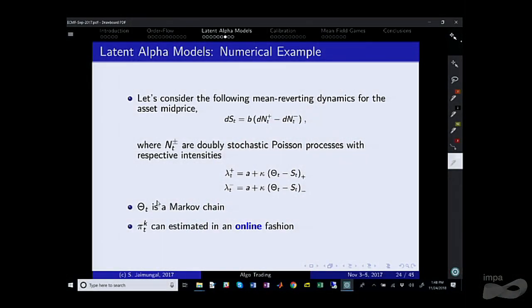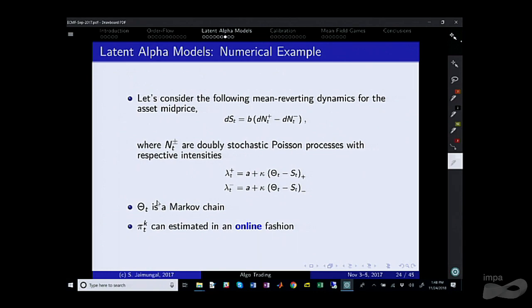If you rewrite ds in terms of the martingale component and its drift, what you will find is that the drift is exactly kappa times theta minus s, which is what you normally have for, say, an Ornstein-Uhlenbeck process or a Feller process, etc. It's something which pushes the price towards the level theta.